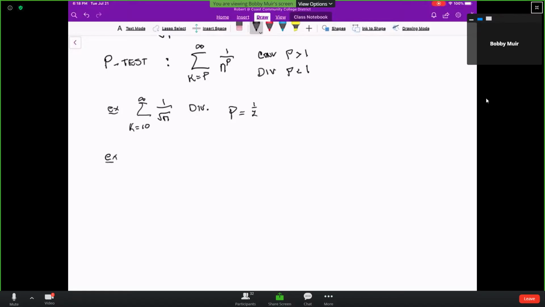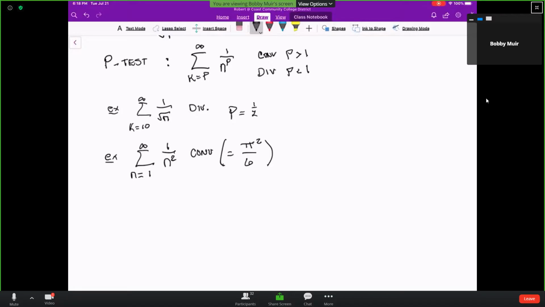Old Leonard Euler figured out this one for us, 1 over n squared. And this thing converges, and I've even told you what it actually adds up to: pi squared over 6. It's a kind of strange result.